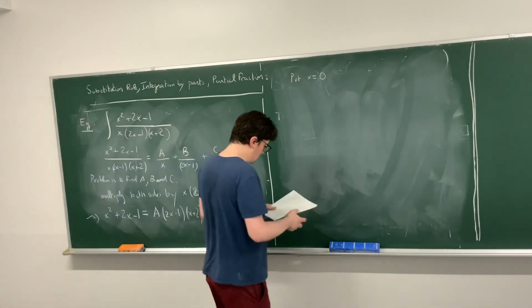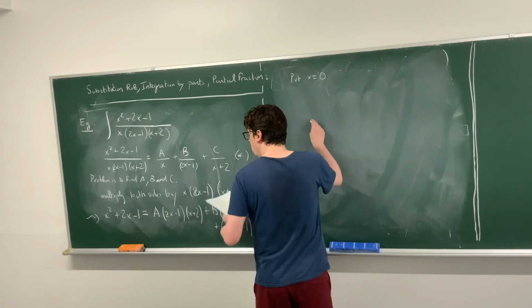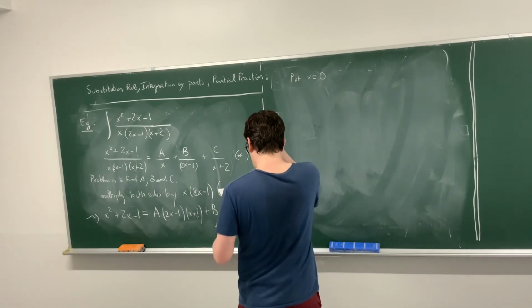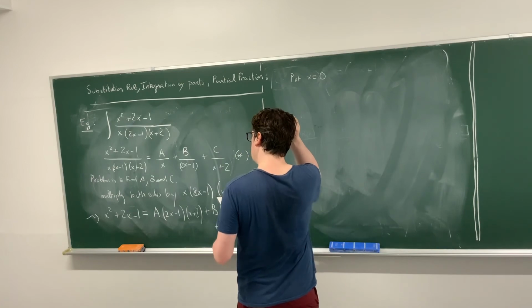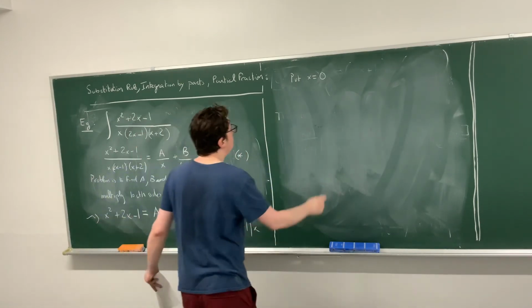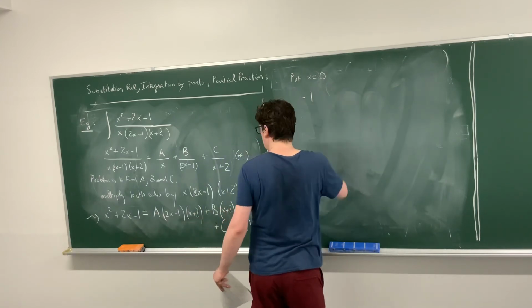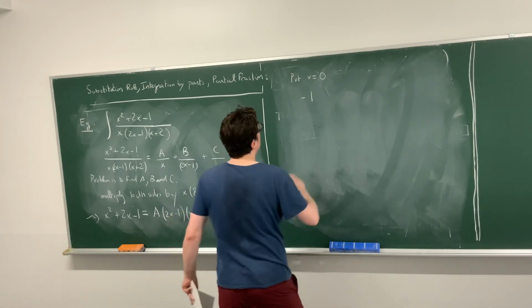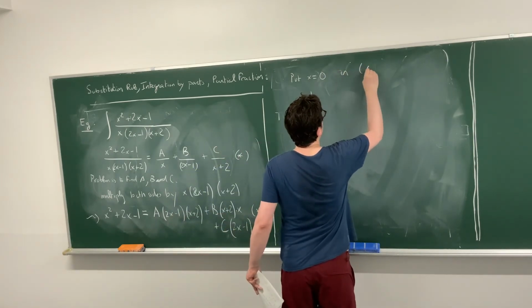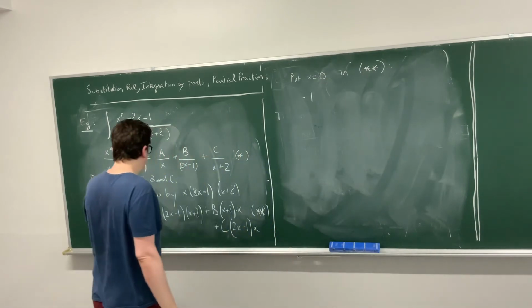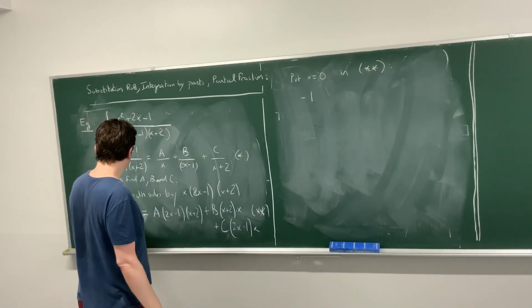If you put x equals 0 on the left, you evaluate this at 0, so you find minus 1. So let's put this in 2 star. What do you get? You get on the left, evaluated at 0, minus 1.